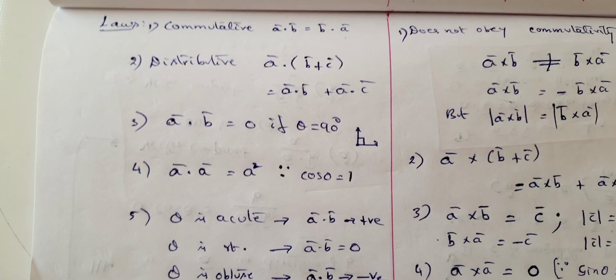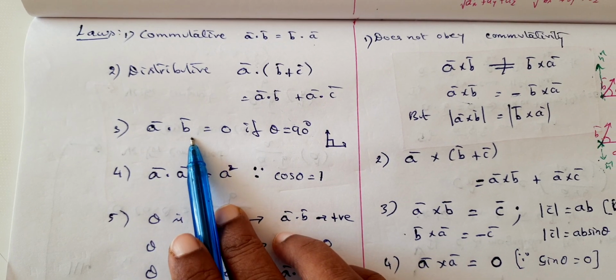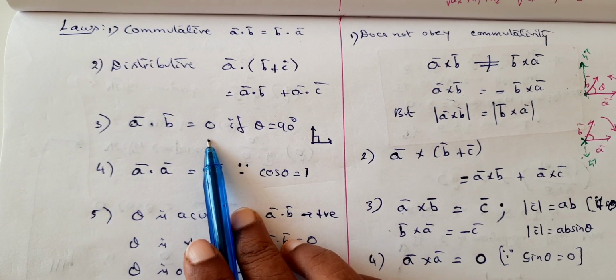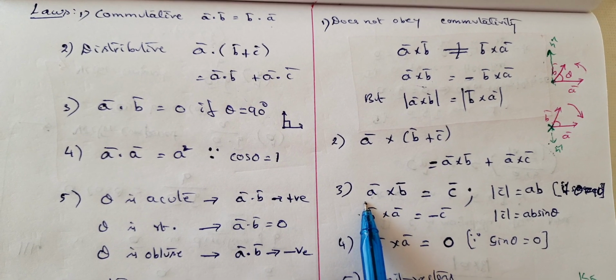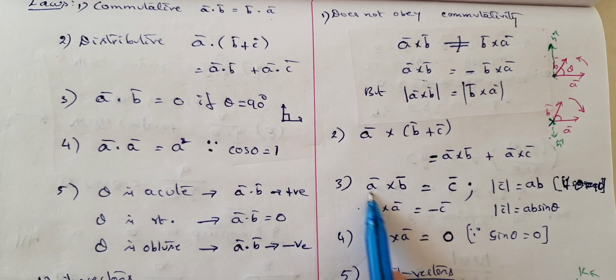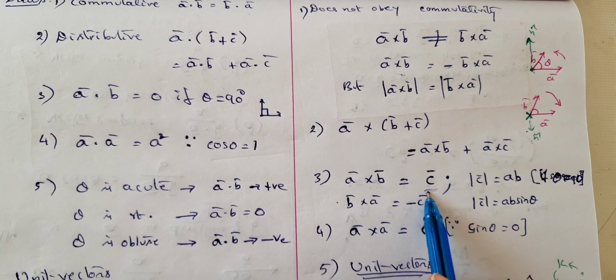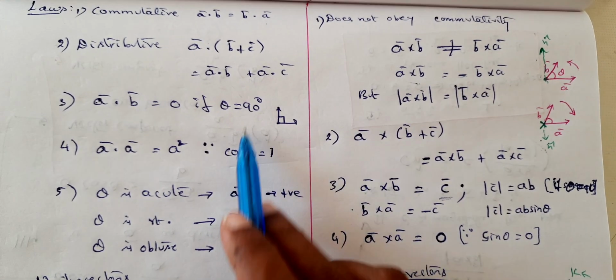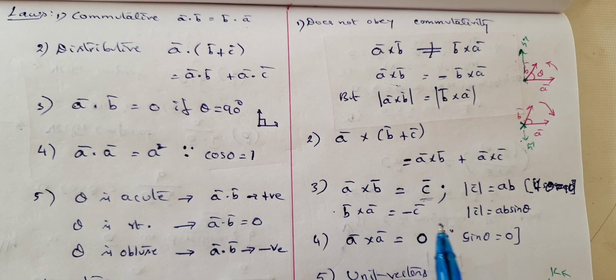Now, if theta is 90 degrees, that means when two vectors are perpendicular to each other, dot product is 0. When two vectors are perpendicular to each other, cross product gives you another vector. Why? Because here cos 90 is 0, but sin 90 is equal to 1.